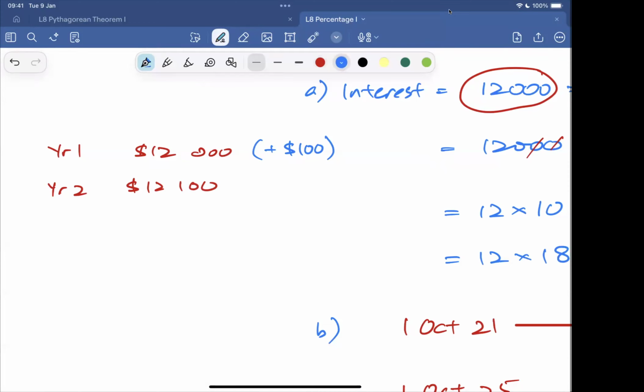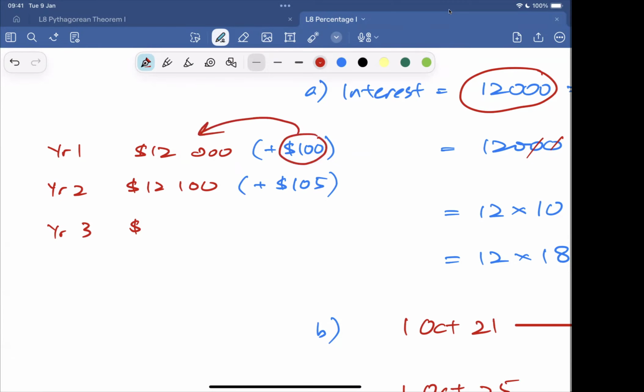And do you know something? Now the bank is going to give you interest based on $12,100. That means the interest is going to be a little bit more. Let's just say it's $105. Then what happens in year number 3? Every time the bank gives you interest, you put it back.